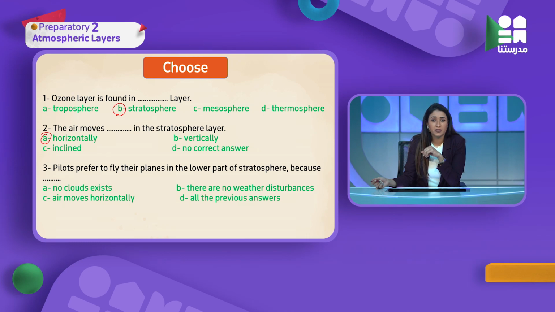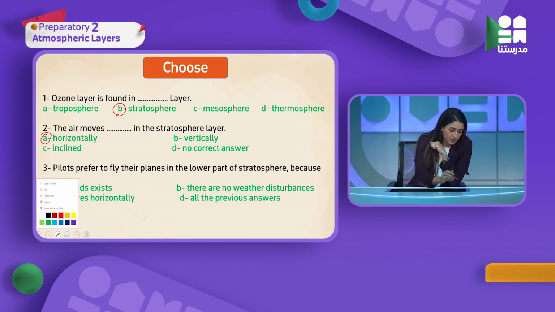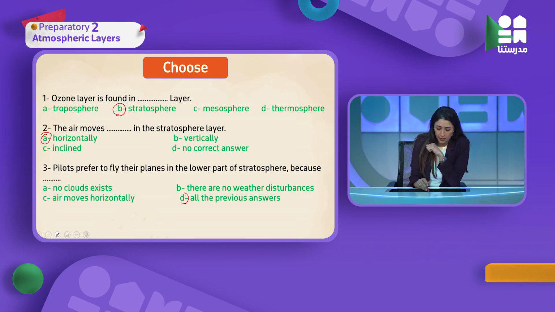All the previous for sure all the previous لازم يتوفر عندي conditions دي كلها. Number 1 إن ما يبقاش في weather changes. There are no clouds, no rain, no thunderstorm and the air movement must be horizontal. يبقى for sure our answer will be all the previous. Let's move on.